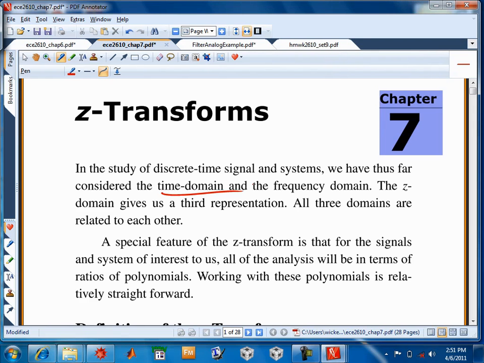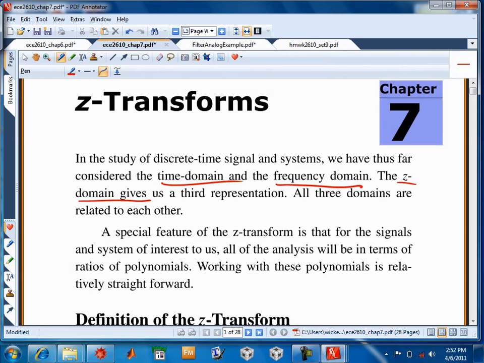The time domain is the real world. That's where sequences fly around, go in and out of A to D's and D to A's. Frequency domain was useful in the last chapter for getting the frequency response, and that was just an analysis mode we were playing around in. But now we're going to have the Z domain as a third representation, and they're all related to each other.